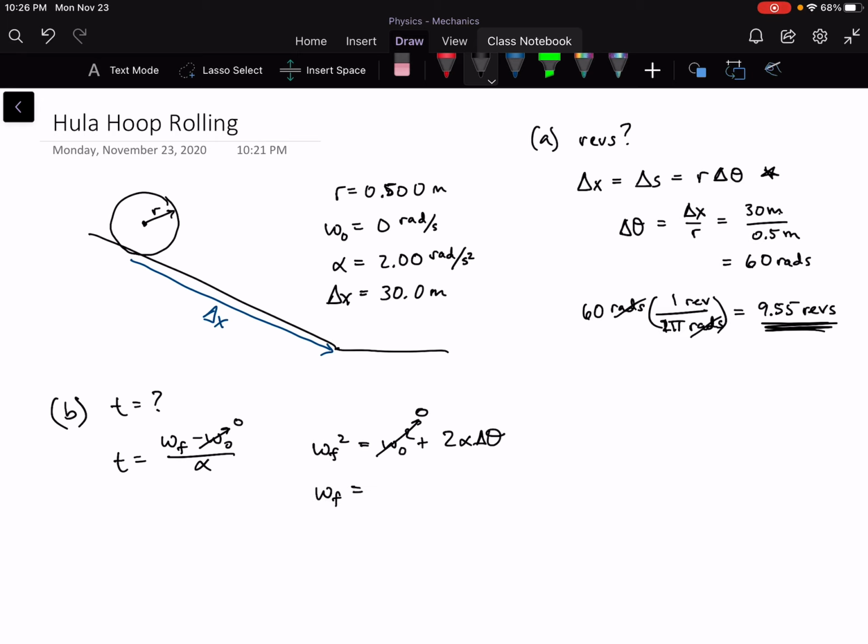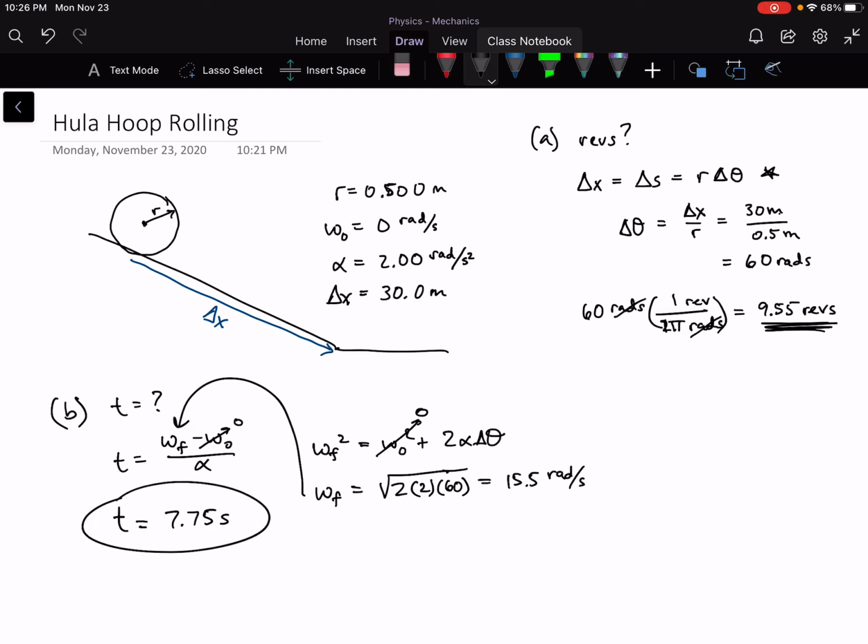And we can find that this whole thing is the square root of 240, which is about 15.5 rads per second. We take that, we put it in here, and we should get that time is equal to about 7 3/4 seconds.